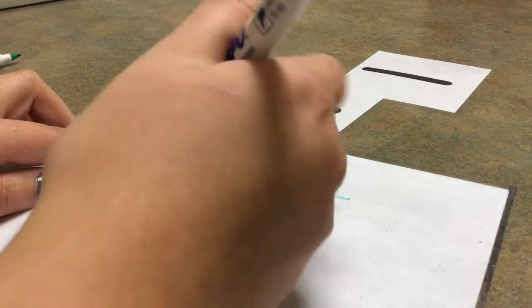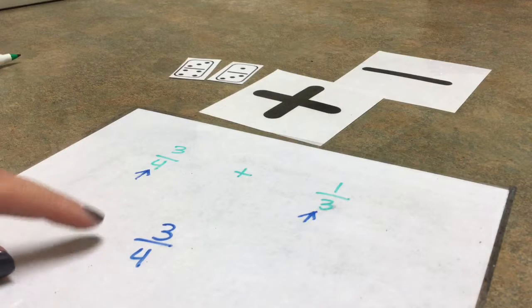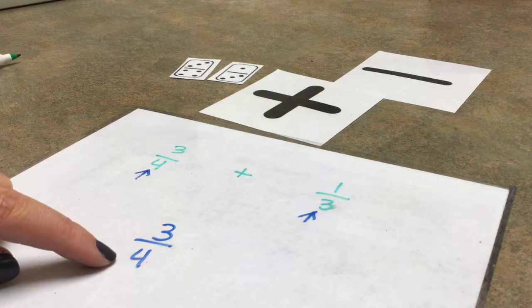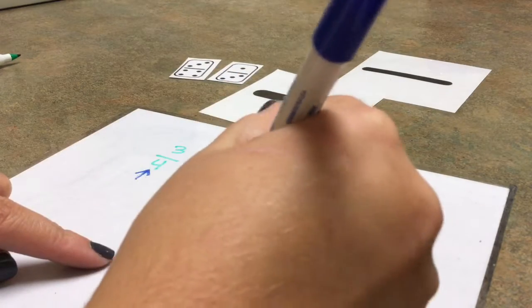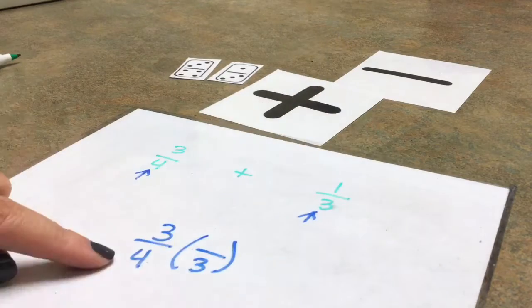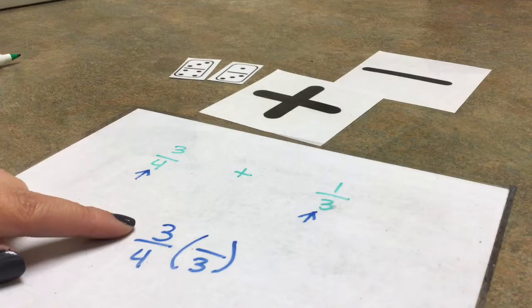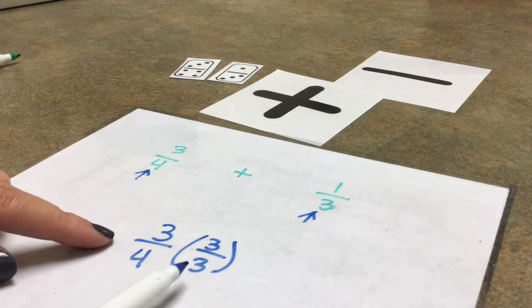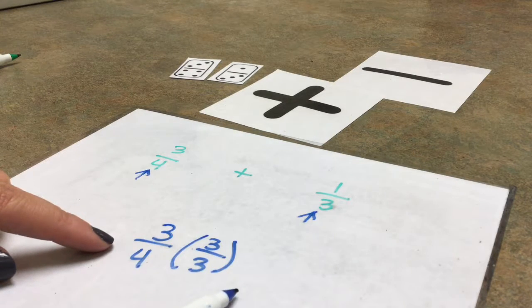So we're going to look at our first fraction again. So 3/4. We need to get our denominator to equal 12. So in order to do that, we have to multiply by 3. Okay? But whatever we do to the denominator, we have to do to the numerator. So essentially, you're multiplying by 1 whole in order to get the fraction to be converted to 12ths.